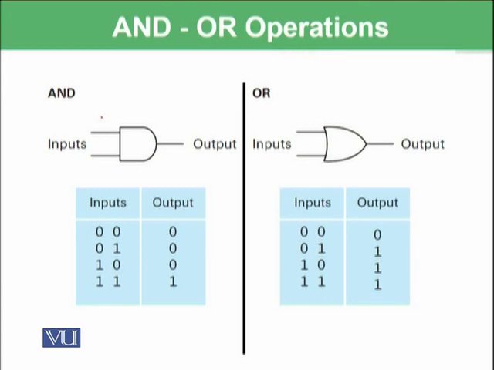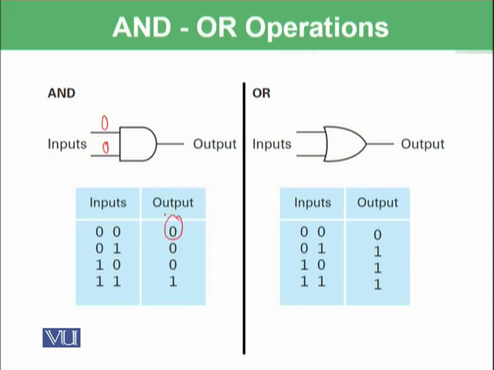So in the AND Boolean operation, we have 2 inputs, for example 0, 0. If both inputs are 0, you will receive an output of 0.